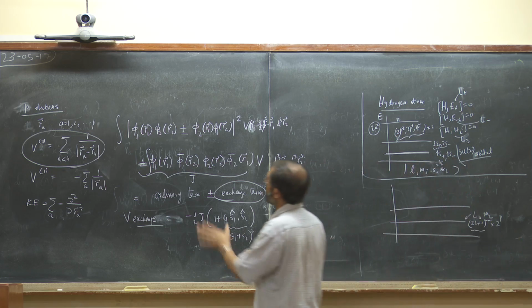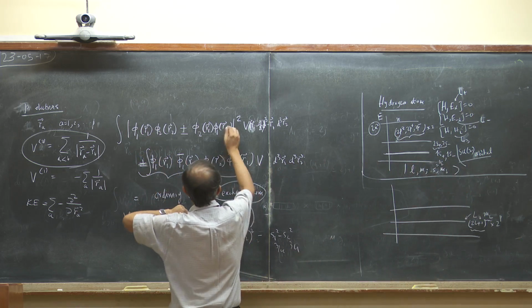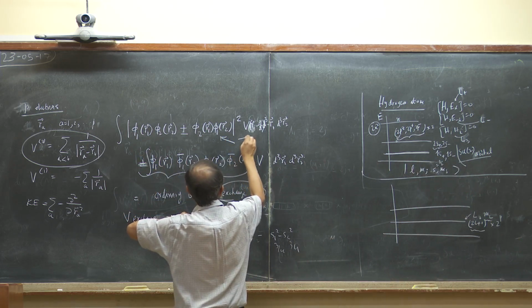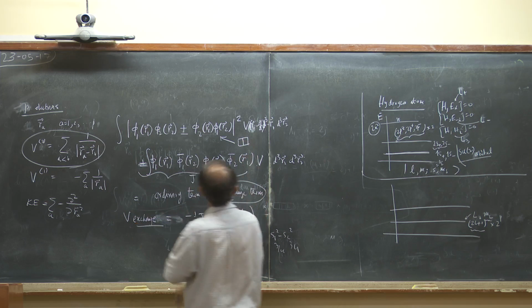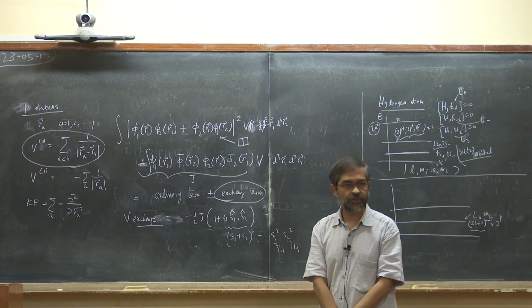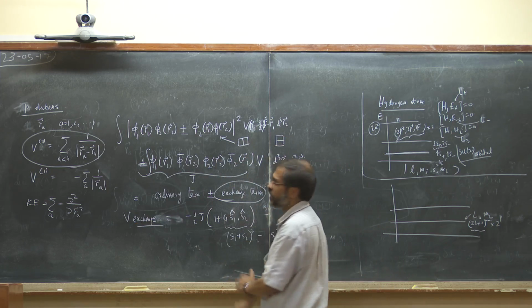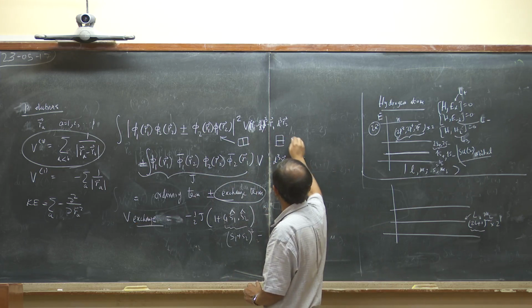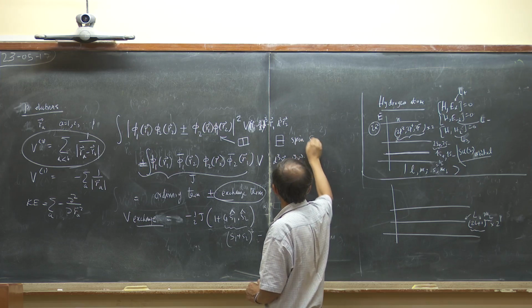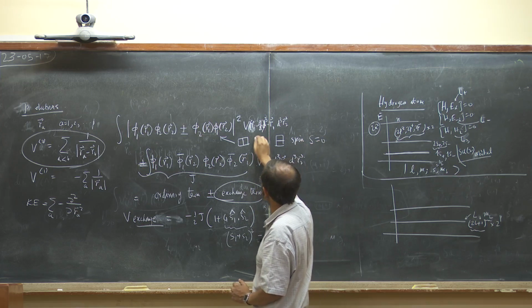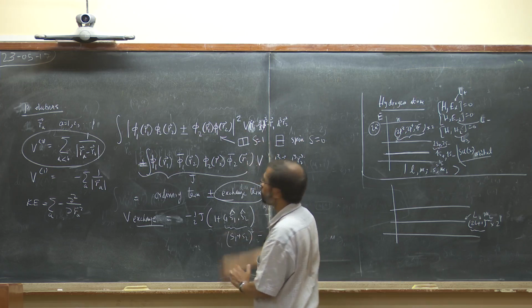So I can take here a symmetric combination of two spin half particles or an antisymmetric combination of two spin half particles, which will be spin 0. So this will correspond to total spin equal to 0. Here the total spin will be equal to 1.